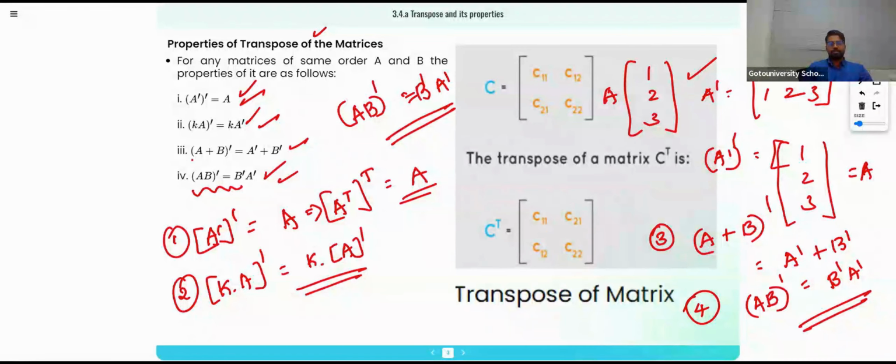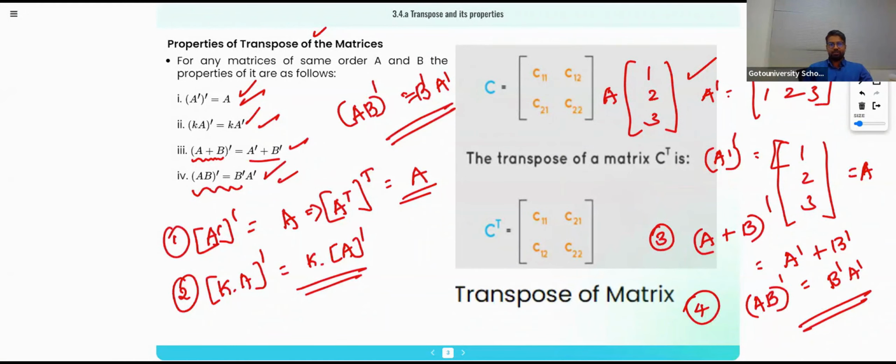And transpose is also now distributive. Can I say it like that? Yes, there's no doubt in that. When you take the transpose of a sum of two matrices, it will be equal to the transpose of the individual matrices added together, right? The last one is that the transpose of a product of matrices will be equal to the product of the transposes of the matrices in the reverse order. Remember the words I'm saying.